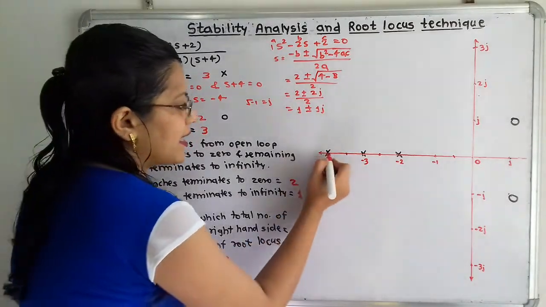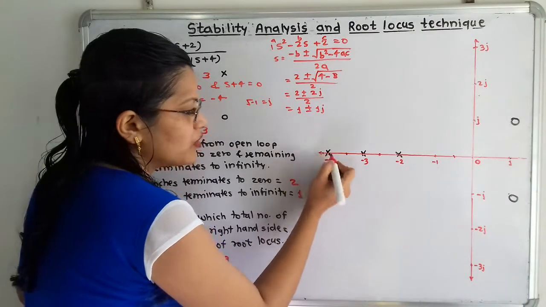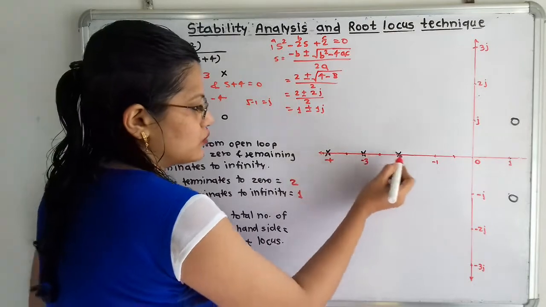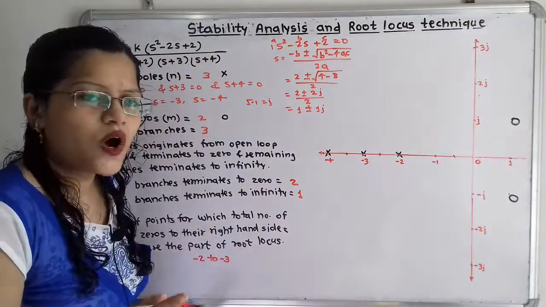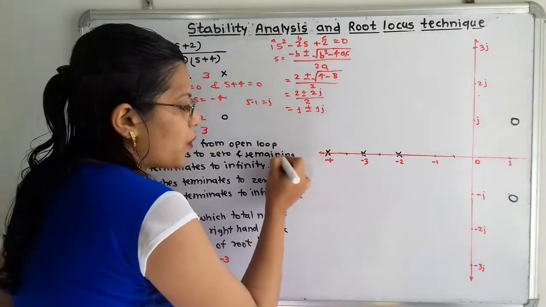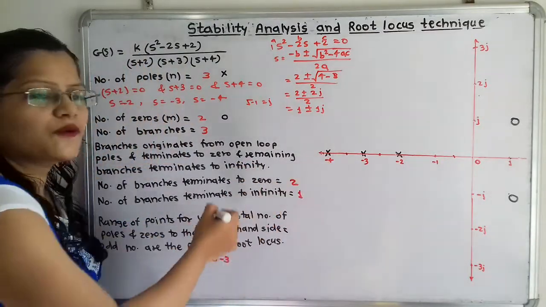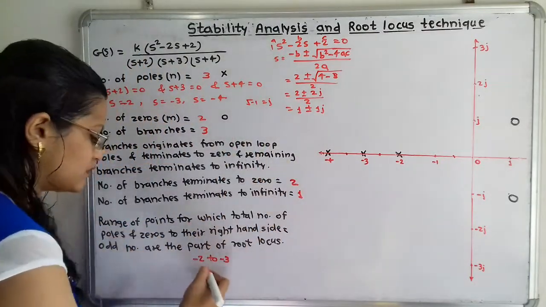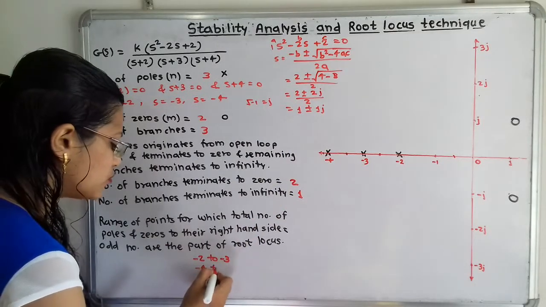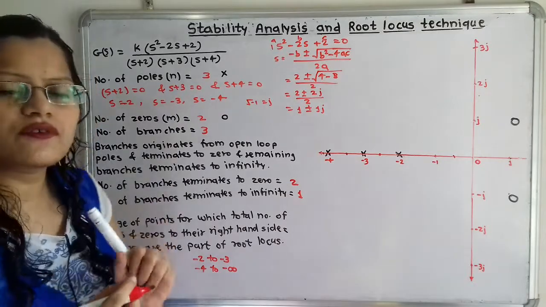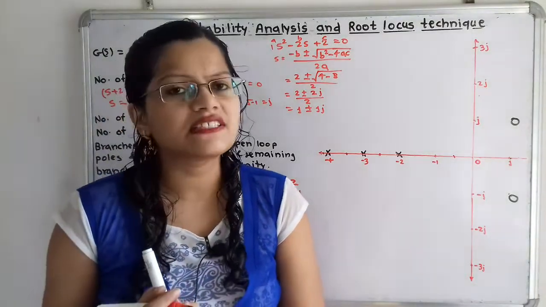Now if I take any point after minus 4, then on its right hand side the total number of poles and zeros is 5, which is an odd number. So all the points after minus 4 are part of the root locus. So minus 4 to minus infinity. I will write that minus 4 to minus infinity. Now if we observe, we have to write the range. So what is that range?